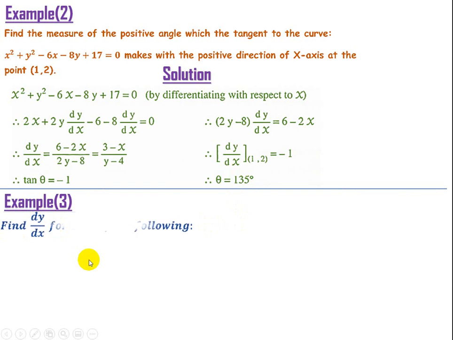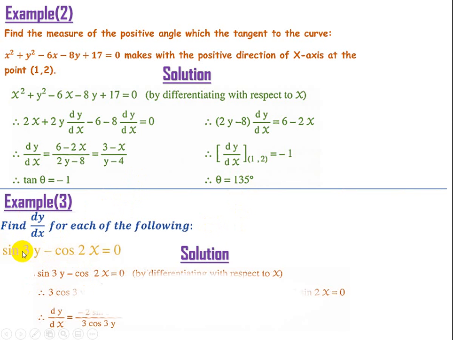Example number 3. Find dy/dx for each of the following. sin 3y - cos 2x = 0. Sin 3y, its derivative is 3 dy/dx cos 3y. Minus cos 2x: the derivative of cosine is negative sine, so it will be plus, and the derivative of 2x is 2, so it will be 2 sin 2x. 3 cos 3y times dy/dx + 2 sin 2x = 0.